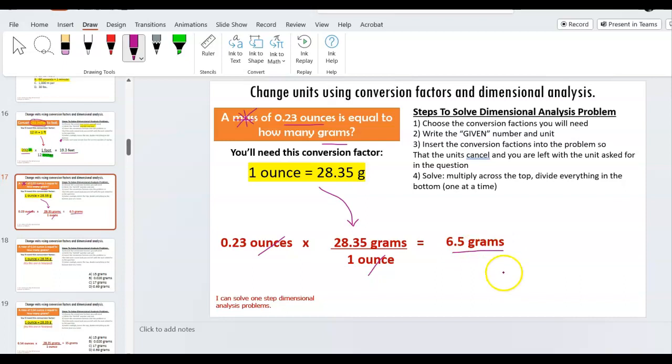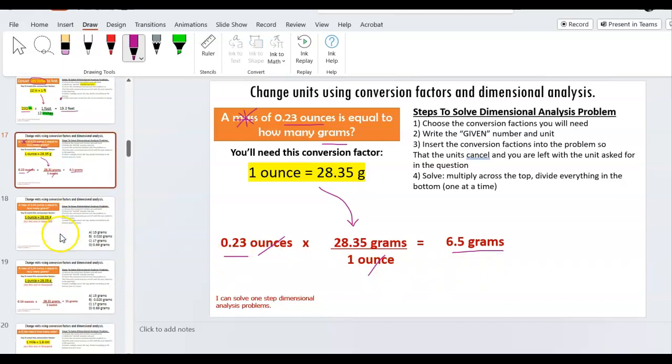I could grab my calculator, multiply anything in the top, divide the bottom. 0.23 times 28.35 divided by 1. Of course, you don't have to do the 1. And you get 6.5 grams because we're starting with 2 significant digits. We should end with 2 significant digits, and the units should appear. Right, so here's one.